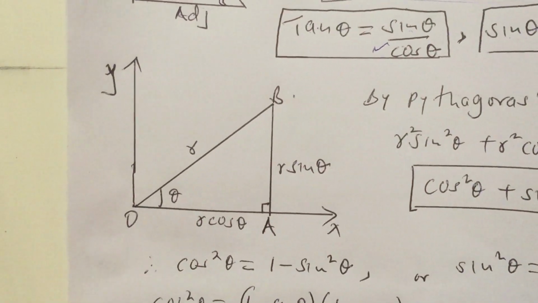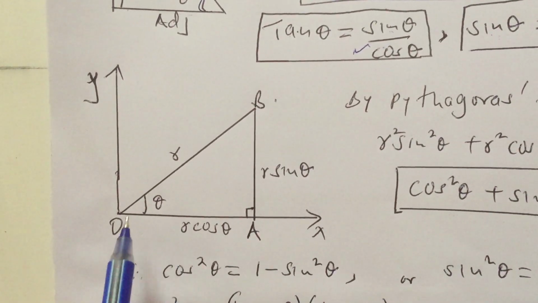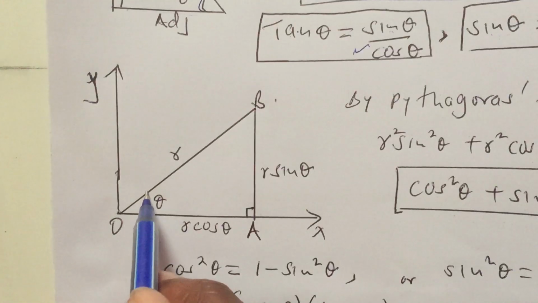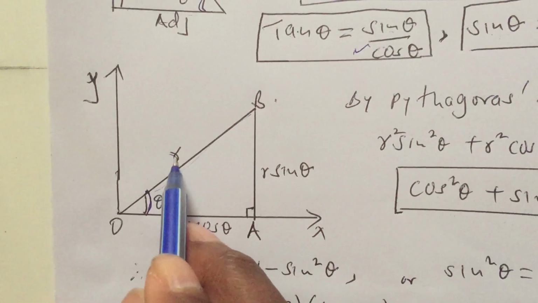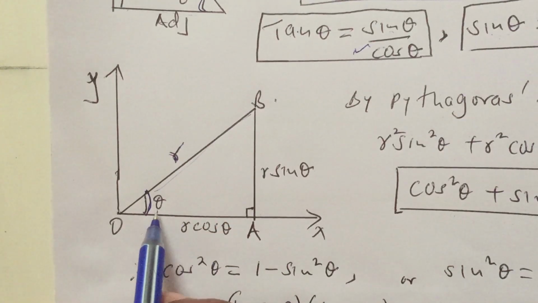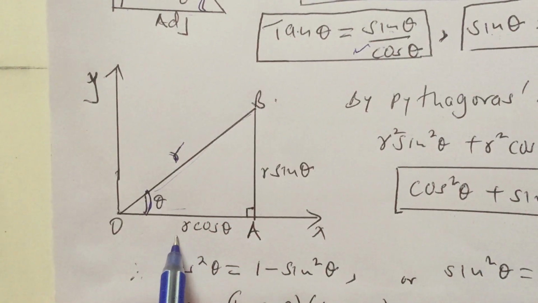Now again, I've given you a triangle on a Cartesian plane relating this. There's an angle here, and I've said let the hypotenuse be r. Using this hypotenuse, we can relate the other sides using those ratios.